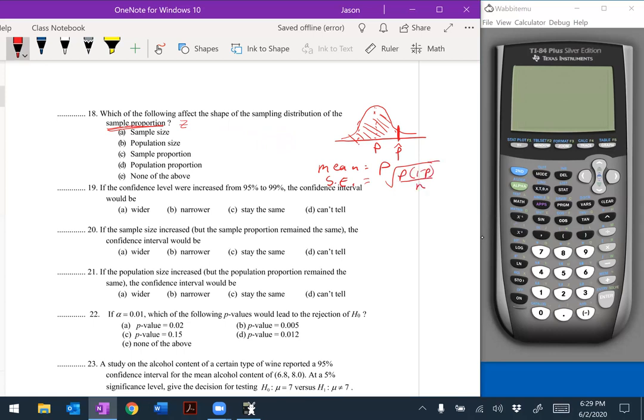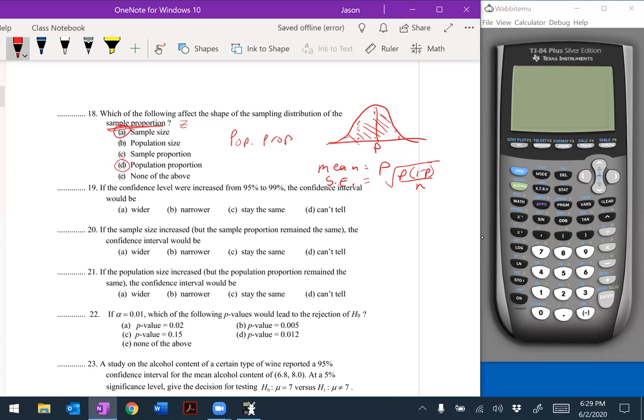So what are the two things that I'm using here that are defining this shape? P hat doesn't define the shape. Just p and n. The population proportion, and n is the sample size.